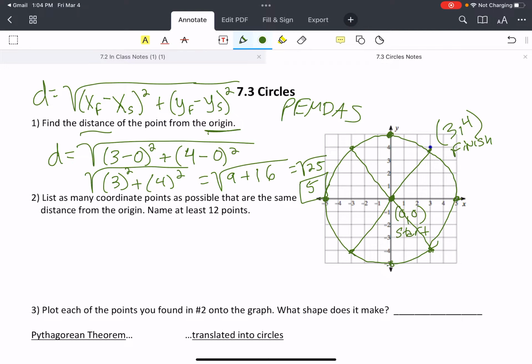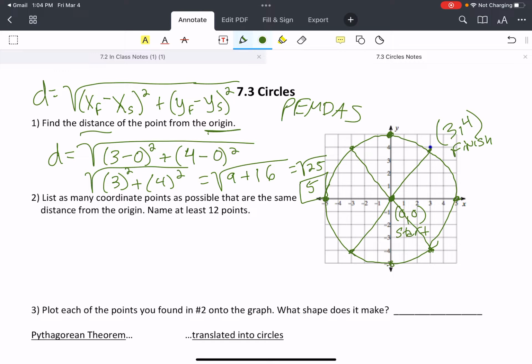Can anyone raise their hand and remind me what the definition of a radius is? Anybody remember the definition of radius? Okay, then tell me what it is. It's like the halfway point in like that longest length.